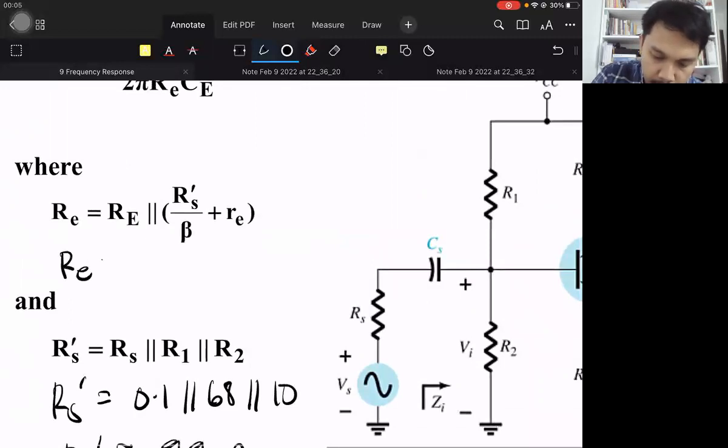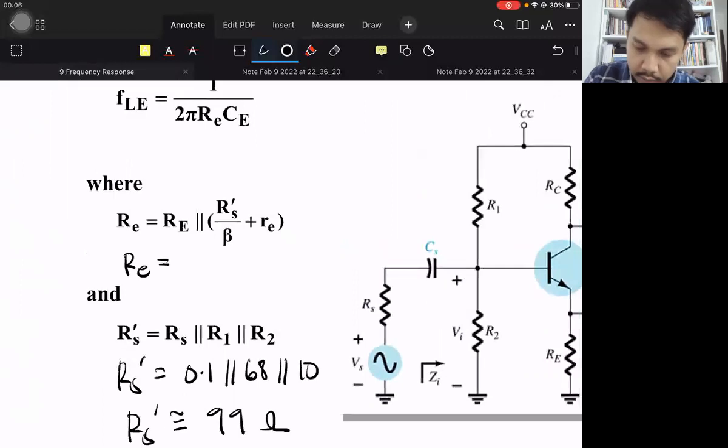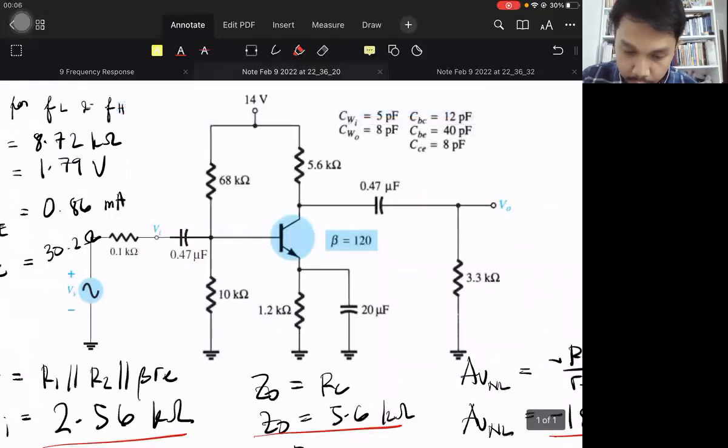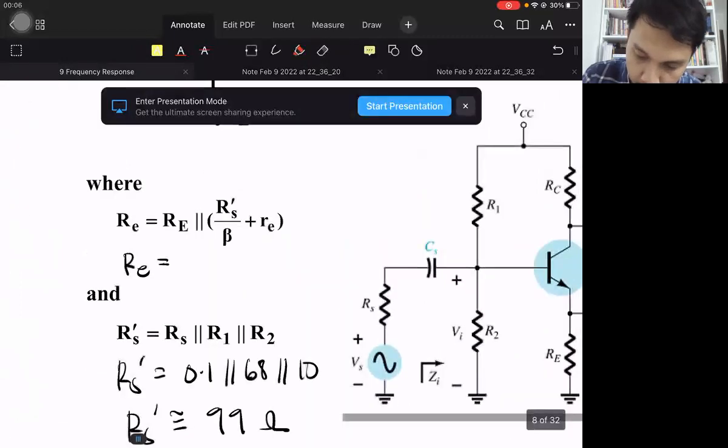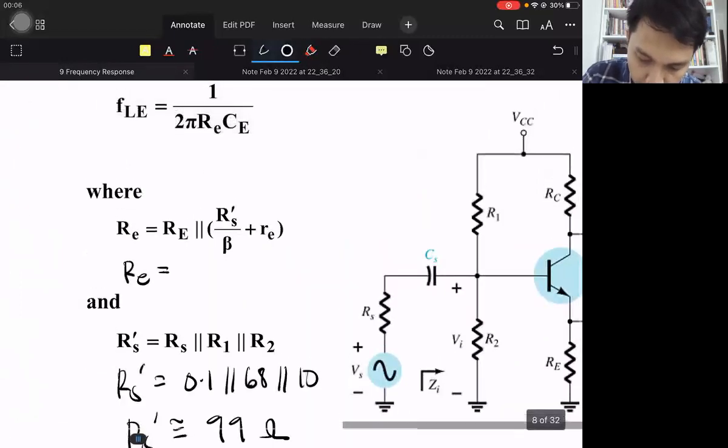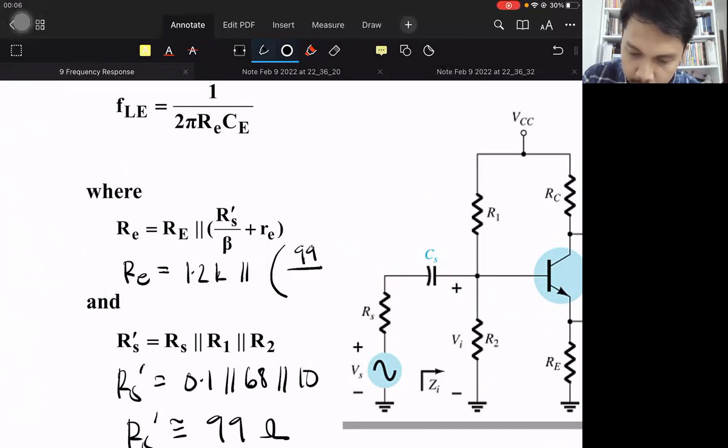So RE prime is RE plus RS prime over beta, 1.2K plus 99 over 120. So I think that is 30, 30.2.